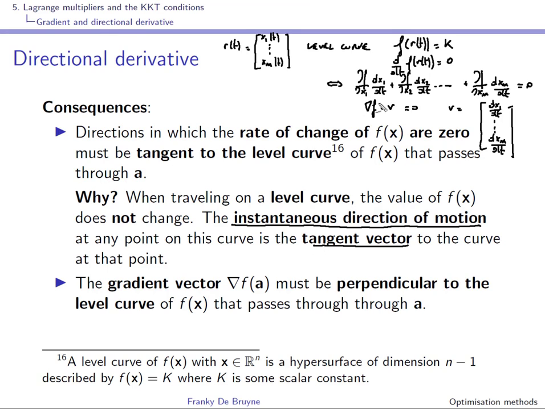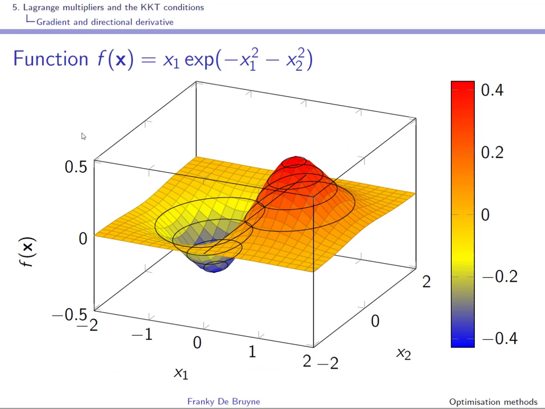So this means that the gradient has to be perpendicular to the level curve, because the scalar product of the gradient with a vector that is tangent to the level curve is 0, and therefore the gradient of f must be perpendicular to the level curve.